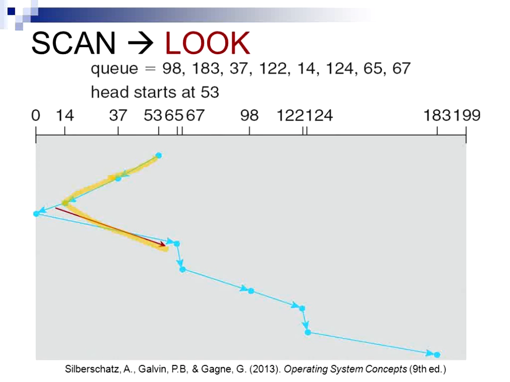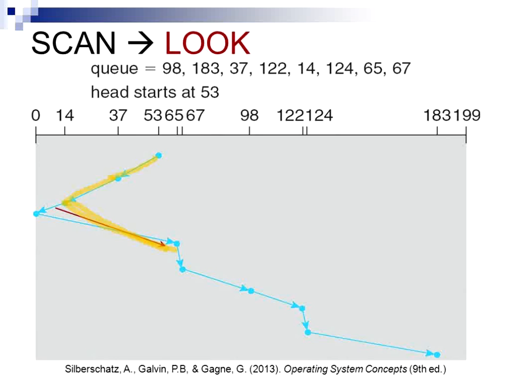Look is this red line here. I just took the chart for scan and I added this red line because look says if I look ahead and I don't see anything between where I am currently and the end of the disk, if there are no reads or writes that have to happen, I might as well turn around now and start moving in the other direction.